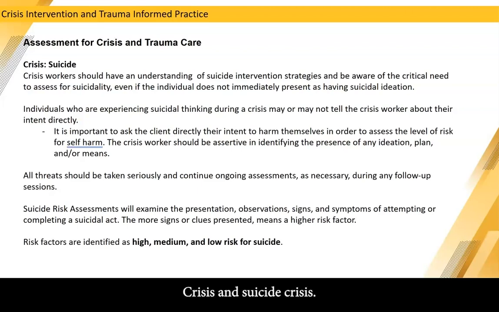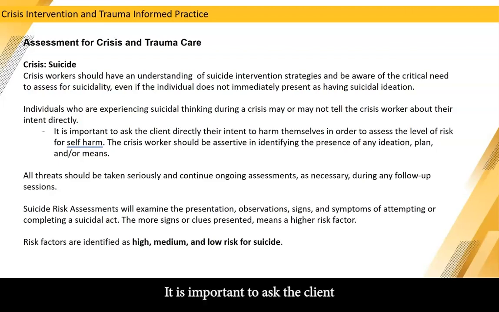Crisis and suicide. Crisis workers should have an understanding of suicide intervention strategies and be aware of the critical need to assess for suicidality. If the individual does not immediately present with suicidal ideation, an assessment should still be conducted. Individuals who are experiencing suicidal thinking during a crisis may or may not tell the crisis worker about their intent directly.